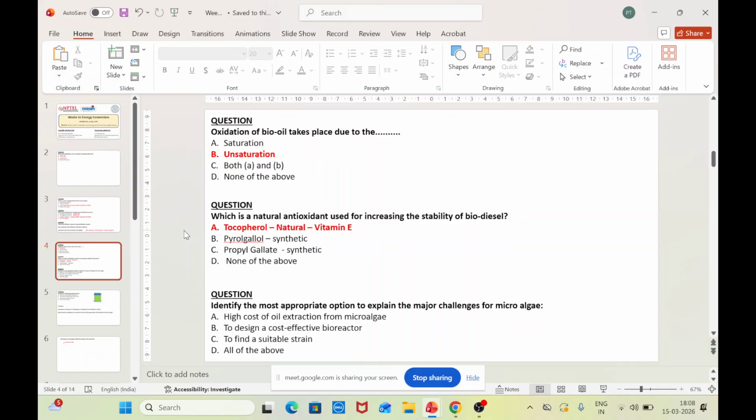So here you have to let me know among the options, which one of the following is the major challenge for microalgae harvesting, or major challenges for production of energy from microalgae.